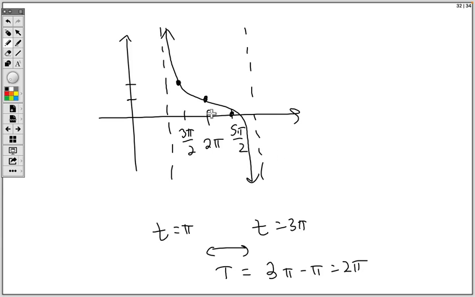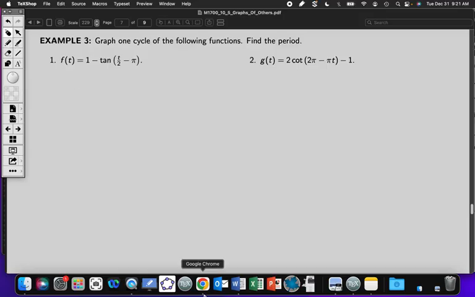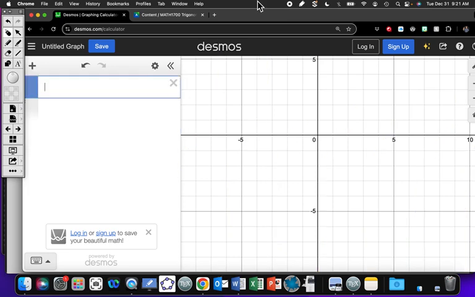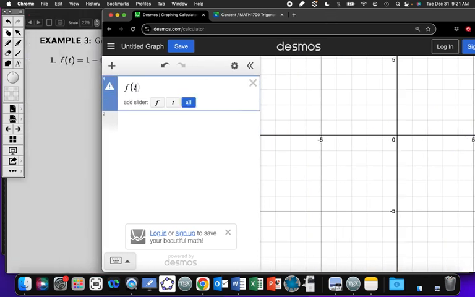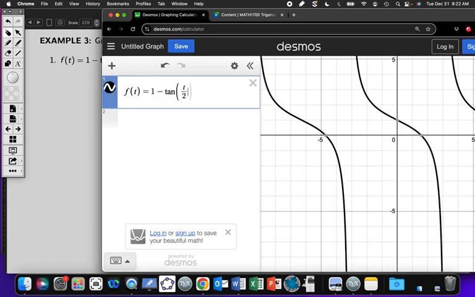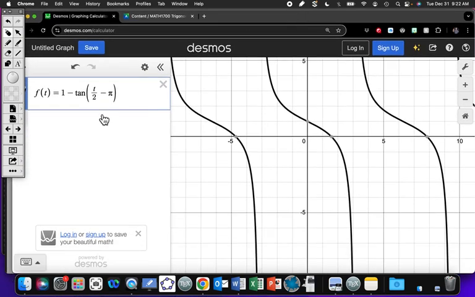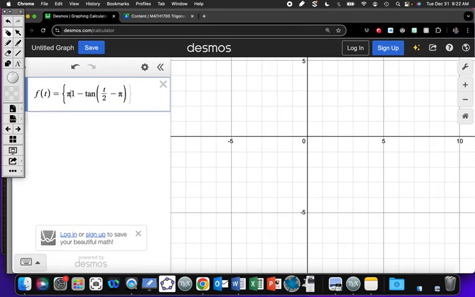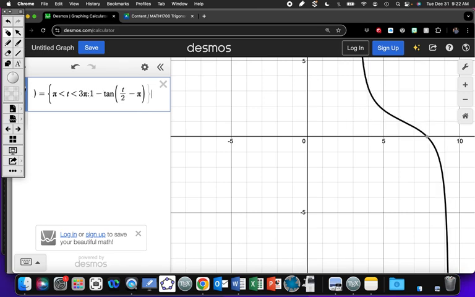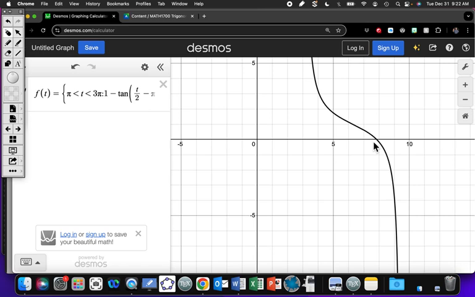All right. We can check this on Desmos, as is our custom. F of t is 1 minus tangent of t over 2 minus pi. And we're graphing it from pi to 3 pi. Let's see if it'll pick up.